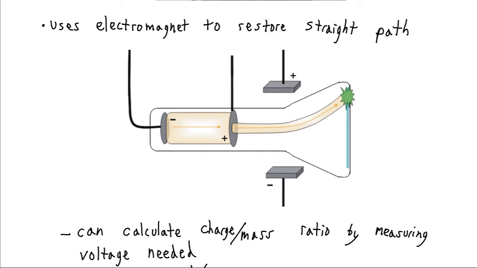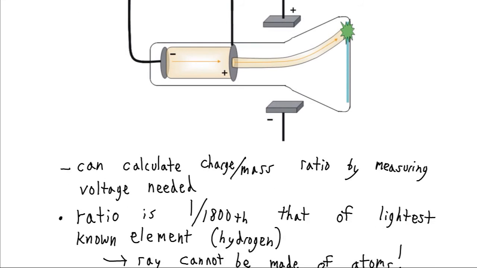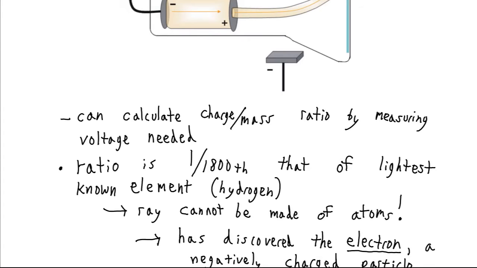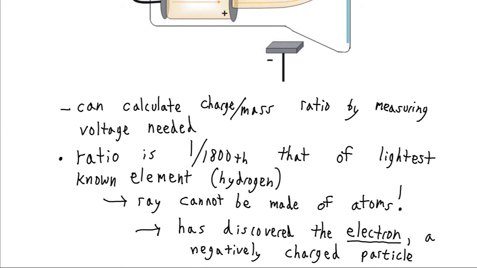And so he can get that ratio based on how much he needs to get it back on track. And it turns out that this is 1/1800th that of the lightest known element, which is hydrogen. And what that means is that it cannot be made of atoms if it's 1/2000th the size of the smallest atom. And so it must instead be a new particle, the electron.